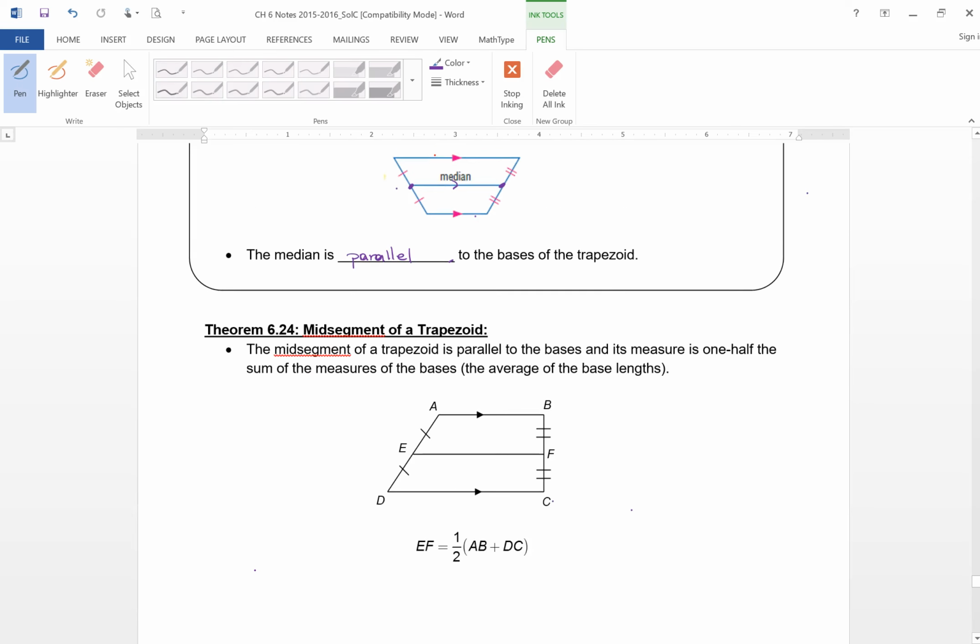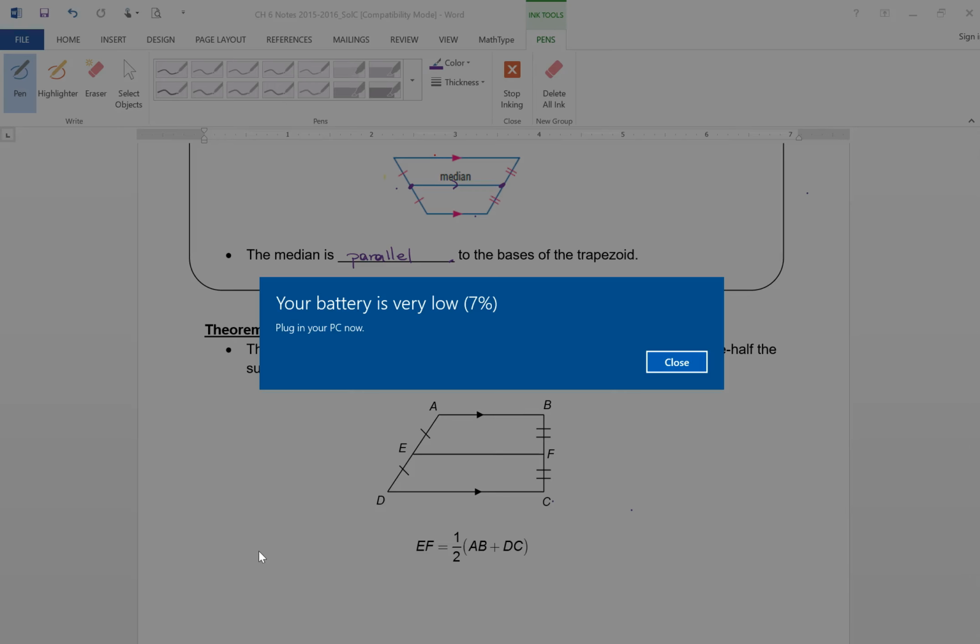Can you use the parallel you just made to make angles and stuff? Can you use it as a parallel? You can. You can use parallels and transversals.